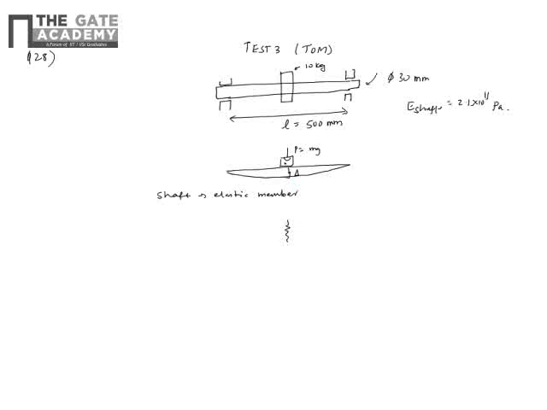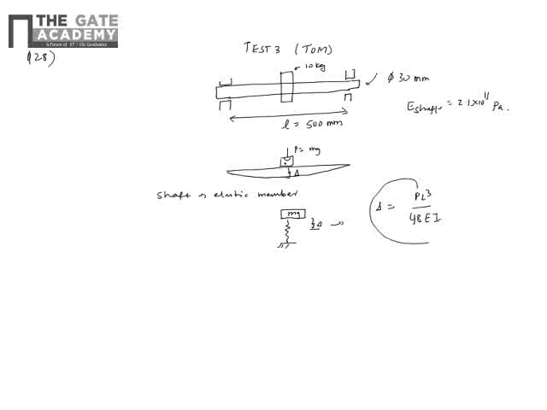So it's like a spring kept at the center, and you have a mass m, which is mg. This deflection comes from the deflection of beams. For a simply supported beam with the load P kept at the center, the deflection is PL cube by 48 EI.